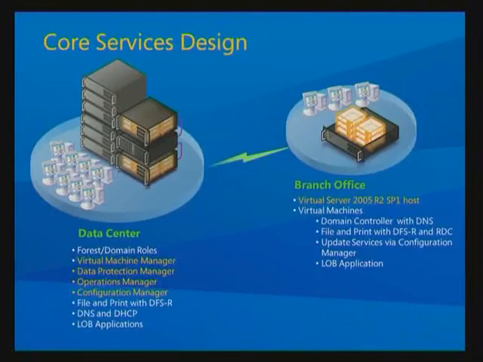The way I would deploy that is I would put Virtual Machine Manager, Data Protection Manager, Operations Manager and Configuration Manager hosted in the data center. And then out in the branch office, I would deploy Virtual Server, and then I would deploy all of the agents for those other applications on there so that I could remotely manage that box. That's going to get me the core functionality that I'm going to want in almost every branch office deployment.